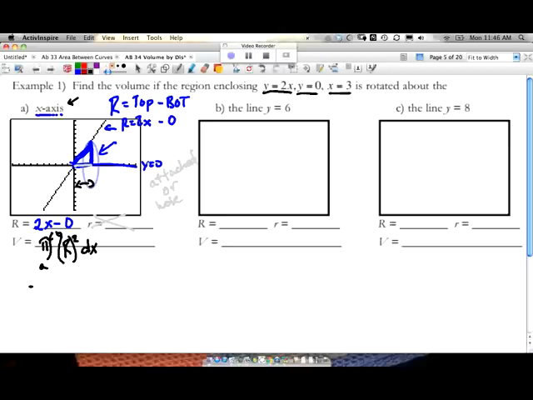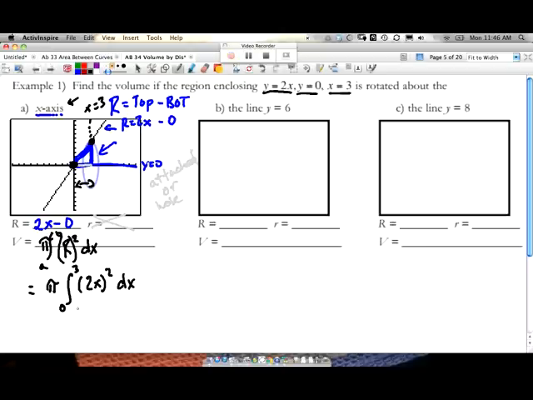That would be pi. Now where do we start? Looks like we start here and finish here because we got a vertical line here at x equals 3. So we're going to start at 0, end at 3, and we're doing big R squared, which in this case is just (2x) squared. And we got a dx.